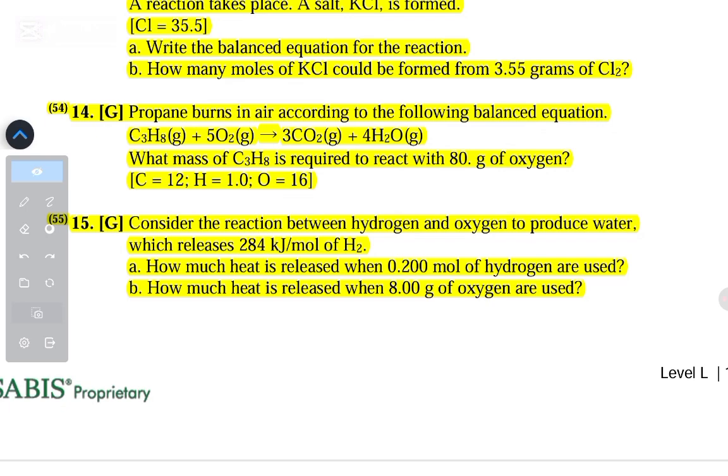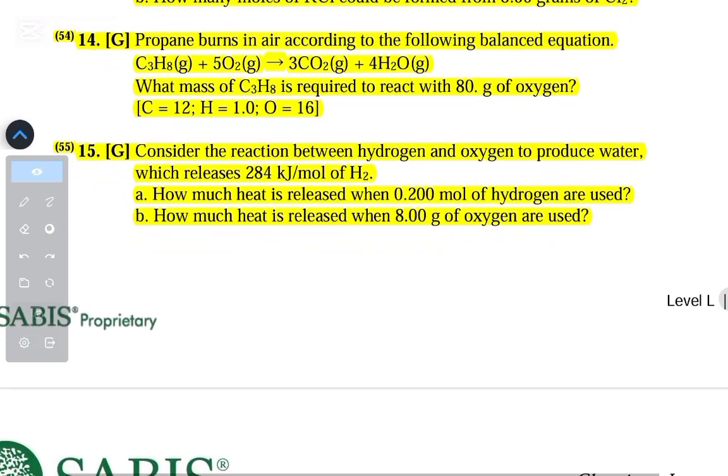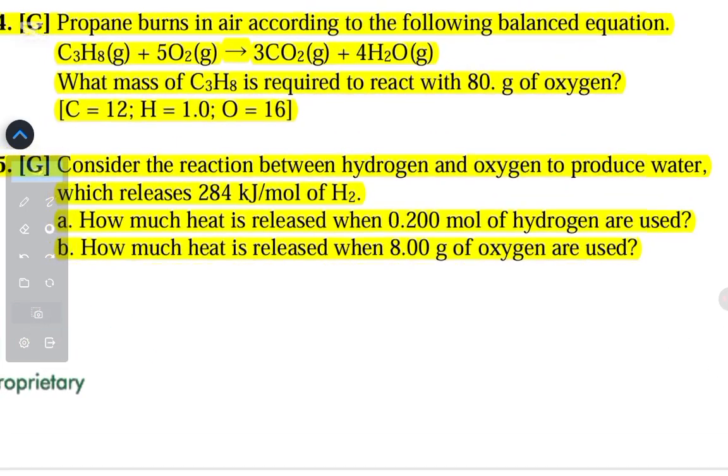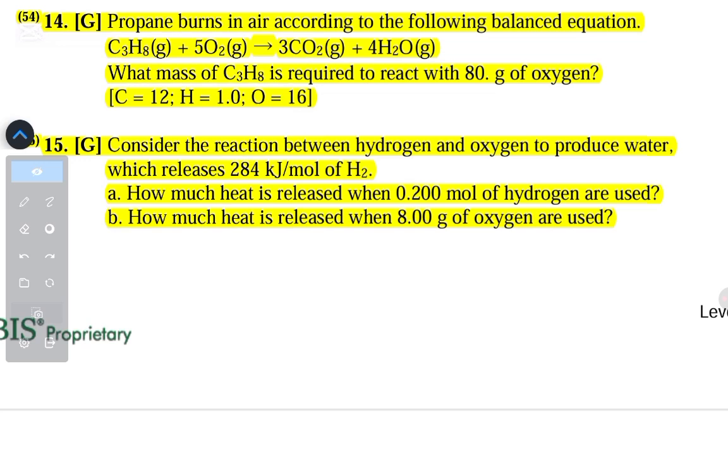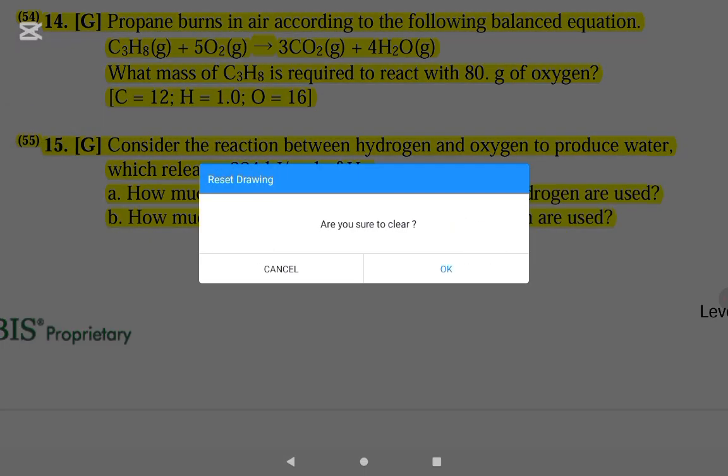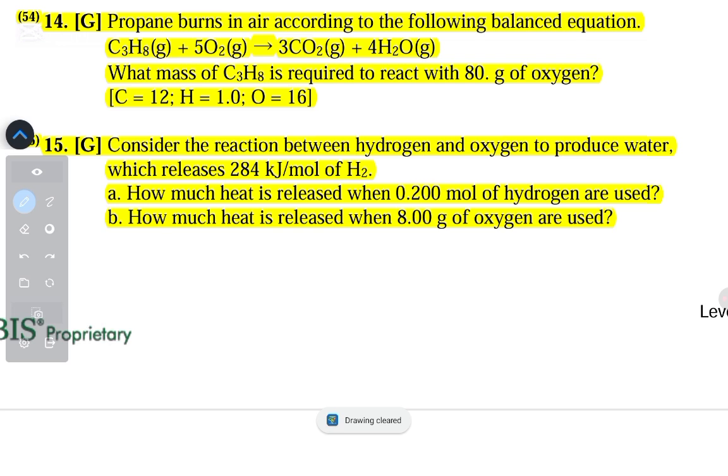Propane burns in air according to the following balanced equation: C3H8 plus 5O2 gives you 3CO2 plus 4H2O. What mass of C3H8 is required to react with 80 grams of oxygen? The ratio of oxygen to C3H8 is 5 to 1.